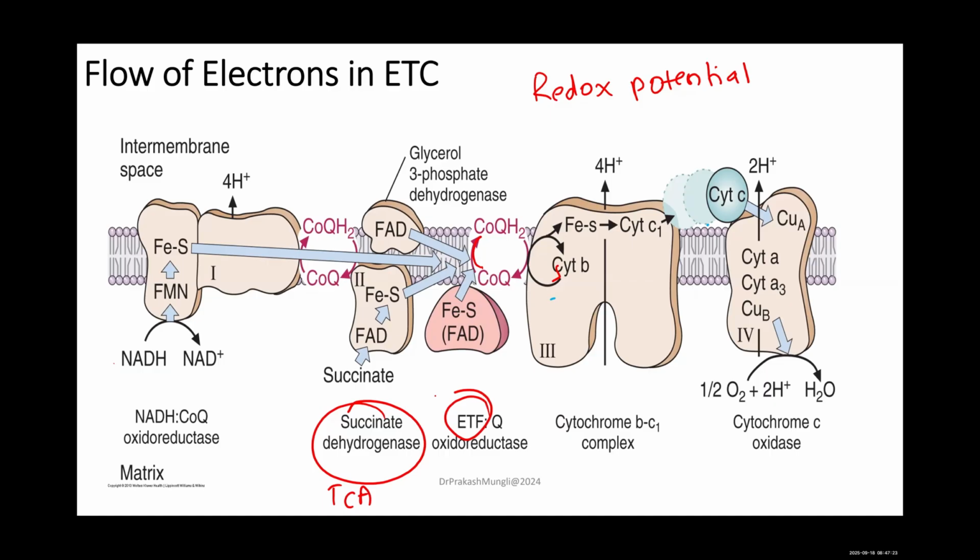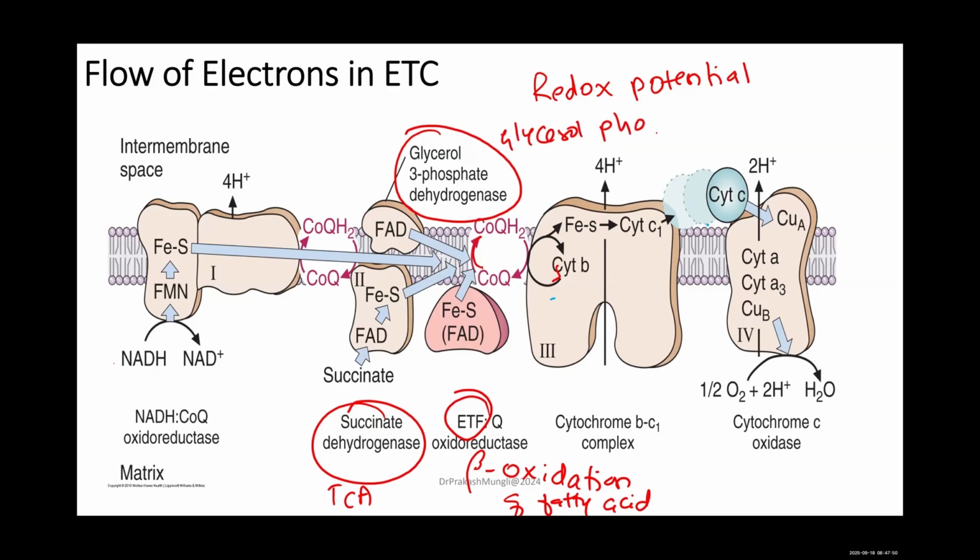We are going to go into detail of that later. It participates in beta oxidation of fatty acid. That's where you get ETF, electron transferring flavoprotein. That's also complex 2. And then we have glycerol 3-phosphate dehydrogenase enzyme in the glycerol phosphate shuttle mechanism.